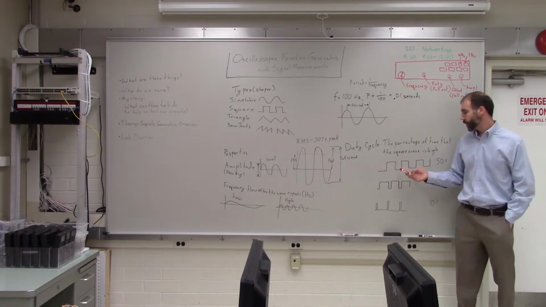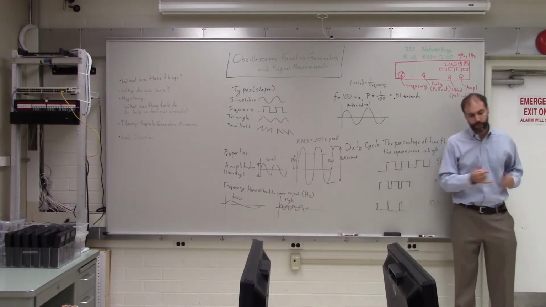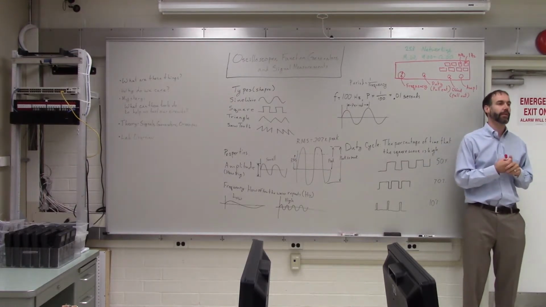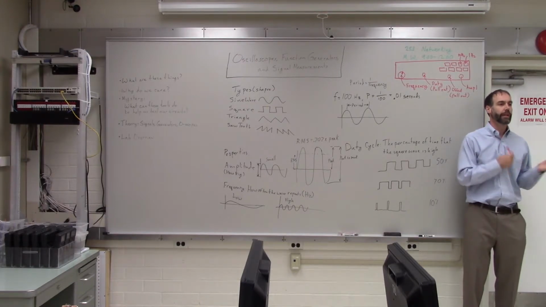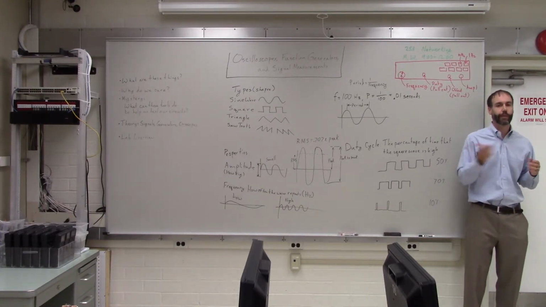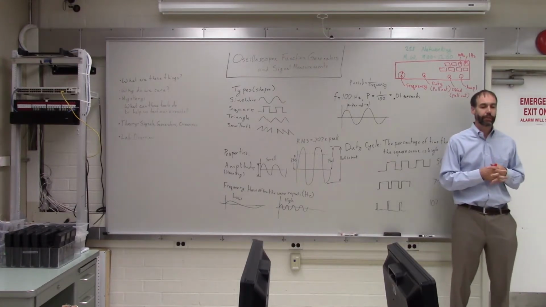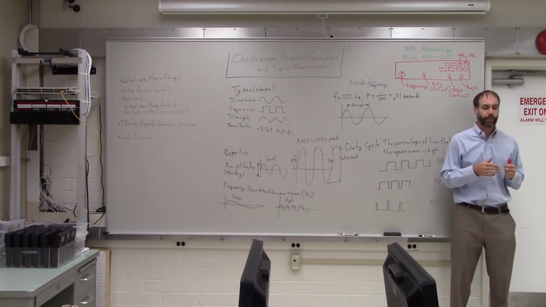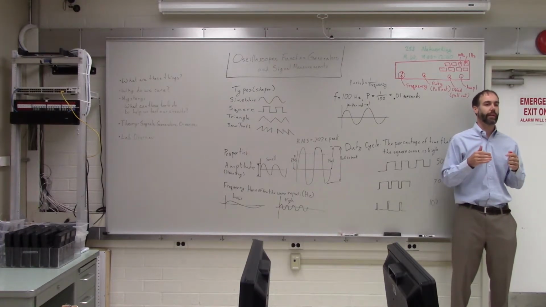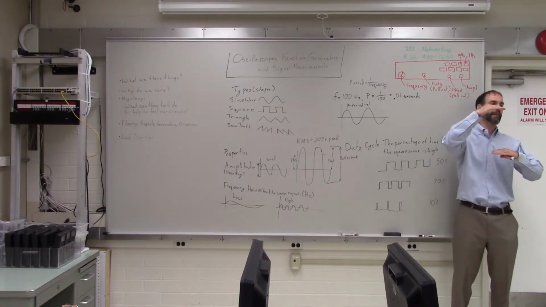For instance, with the square wave, there's a standard called TTL, or transistor to transistor logic. This is a standard that a lot of digital devices use when they're talking to each other. It specifies that the devices create square wave pulses that are either at 0 volts or 5 volts.